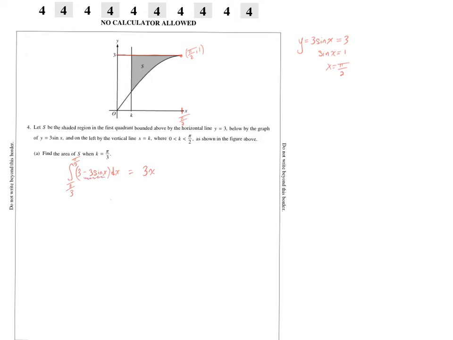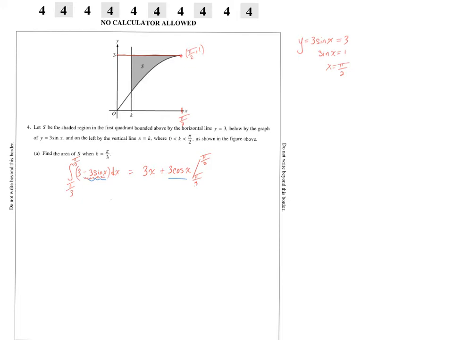So if you think backwards like that, you figure the integral must be 3 cosine. But it's going to be positive 3 cosine of x, and we're going to evaluate that from pi over 3 up to pi over 2. Just to rehash that, his derivative should be this thing. The derivative of cosine is negative sine, so the derivative of 3 cosine should be negative 3 sine. So that checks out.